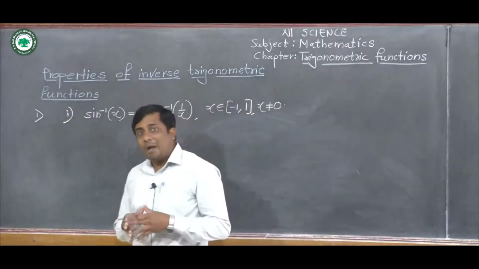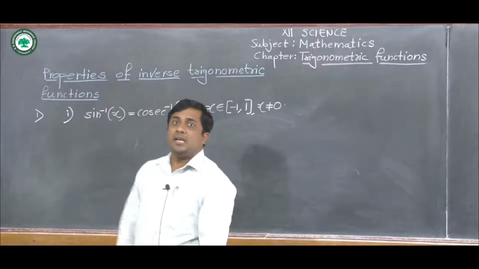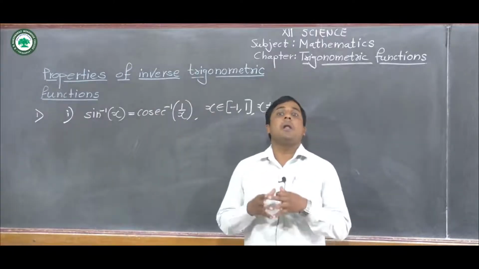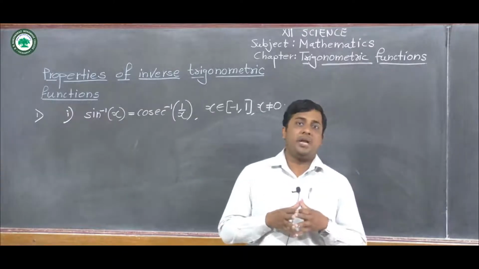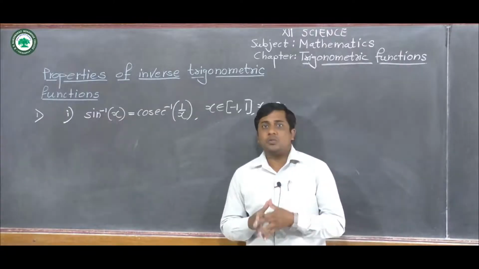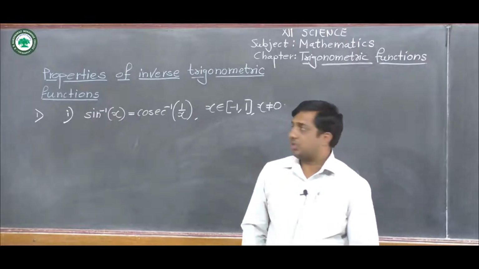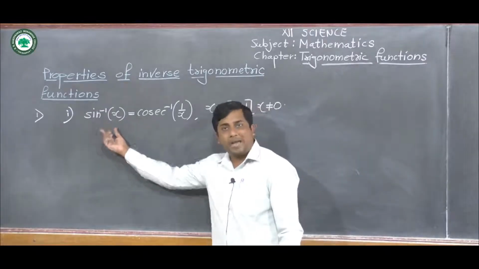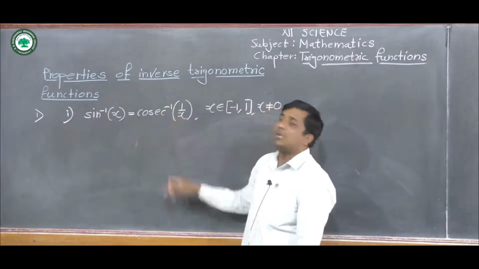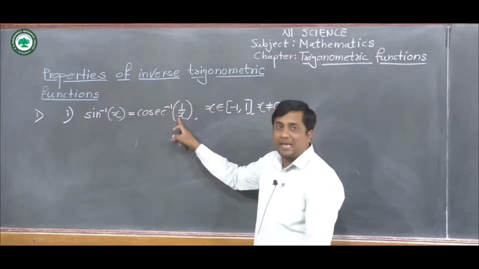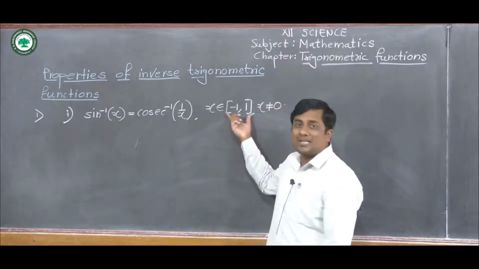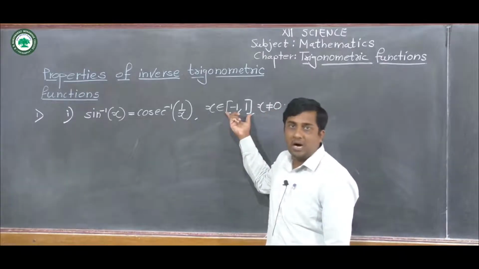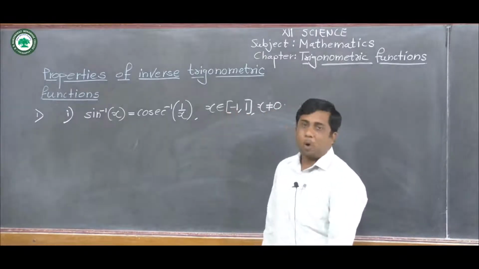Remember, to define the properties we consider the principal value branch of the given inverse trigonometric functions. By using this principal value branch, sine inverse of x is equal to cosec inverse of 1 upon x, for x belonging to the closed interval minus 1 to 1. So remember this property.